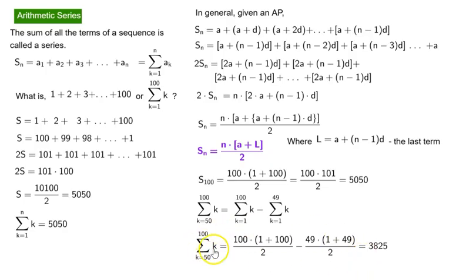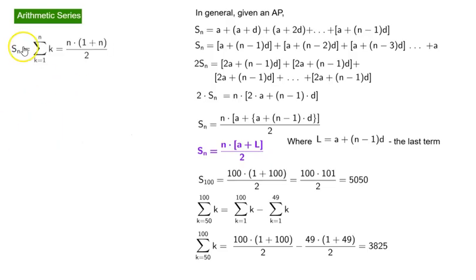Now again, if we could arrive at a formula for this as well, it would be nice. So let's see how we can do that. So let's begin. S sub n is equal to the summation k is equal to 1 to n of k is n times 1 plus n by 2. Now for n and x in the set of natural numbers and n greater than or equal to x, we want to figure out what is s is equal to summation k is equal to x to n of k.